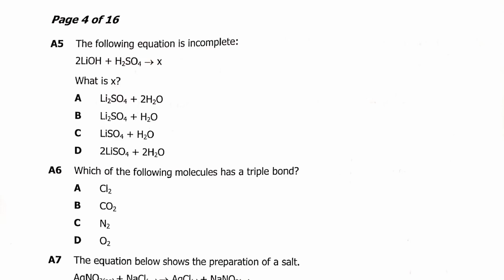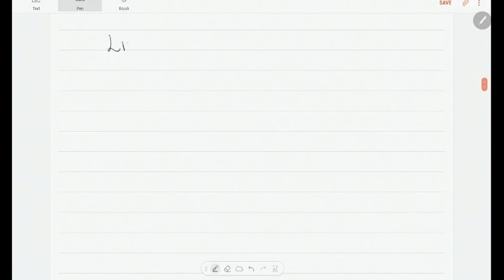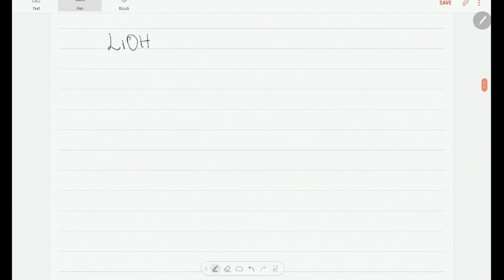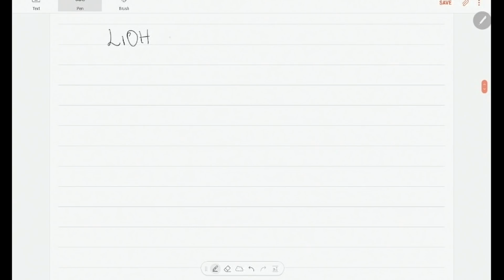Question 5. The following equation is incomplete. What is X? So for us to find X, we need to complete the equation. So lithium hydroxide reacts with hydrochloric, not hydrochloric acid, but sulfuric acid.